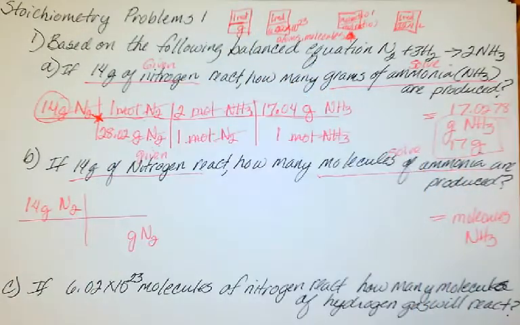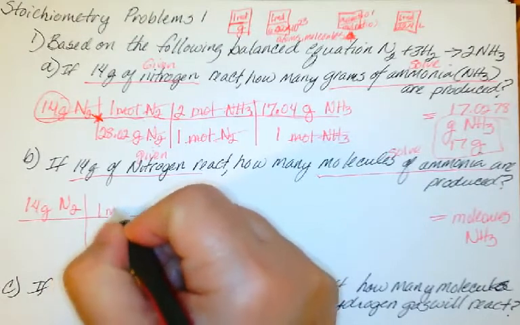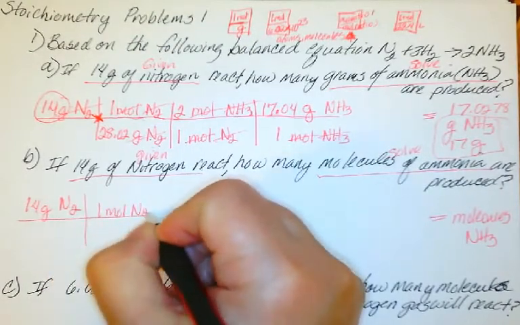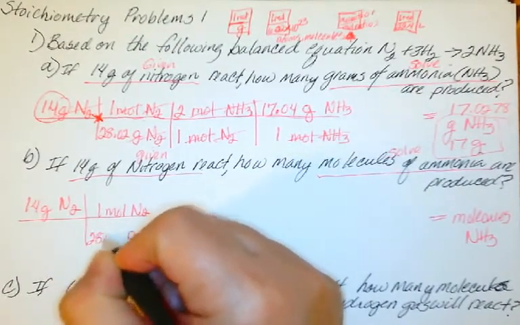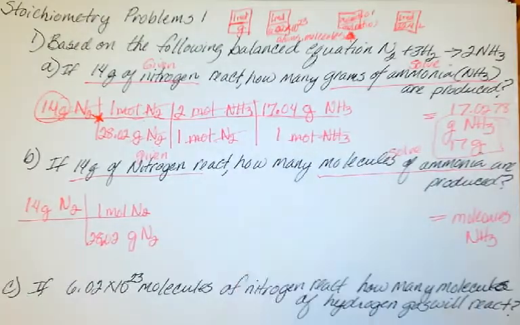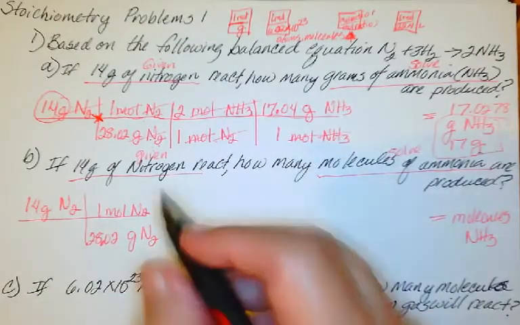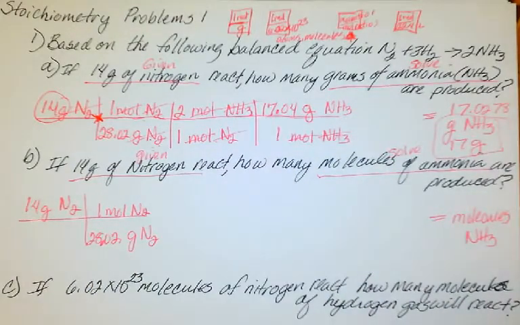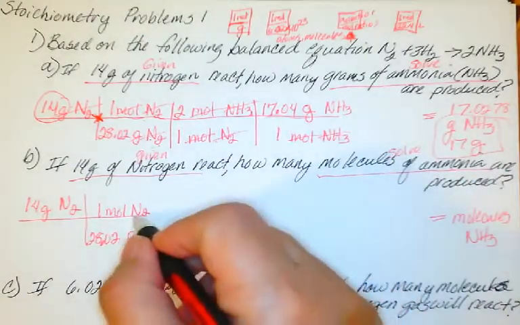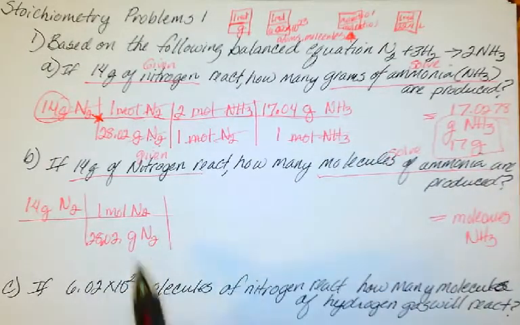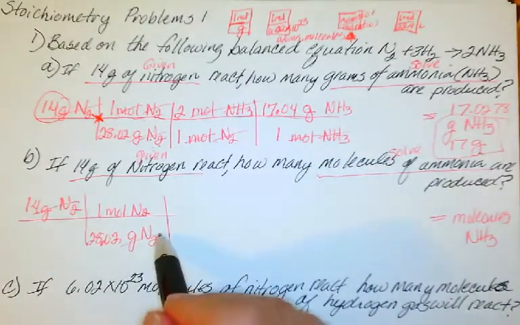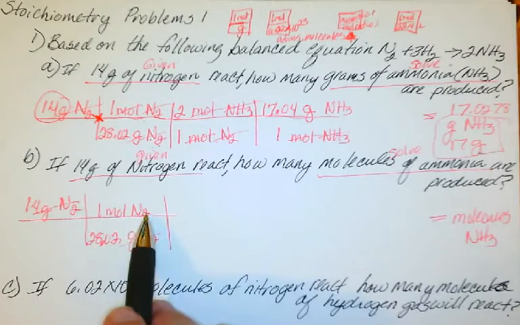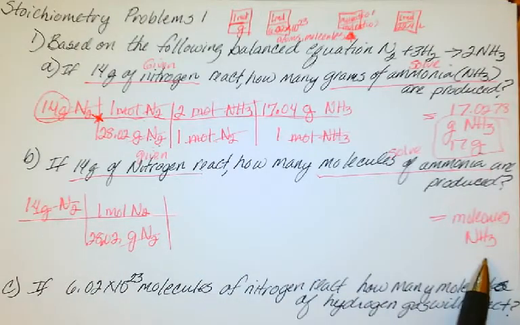I'm using this tool, so the first step is exactly the same as it was above. Since it's the same stuff, I don't have to relook it up. I already figured out the molar mass, so I can just write it. Grams of N2, grams of N2, moles of N2, molecules NH3.